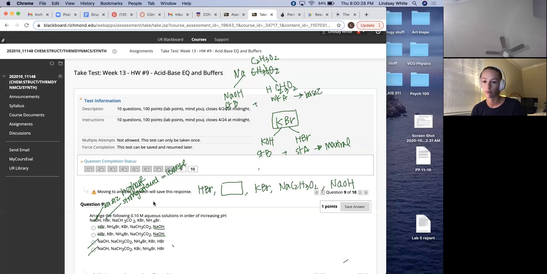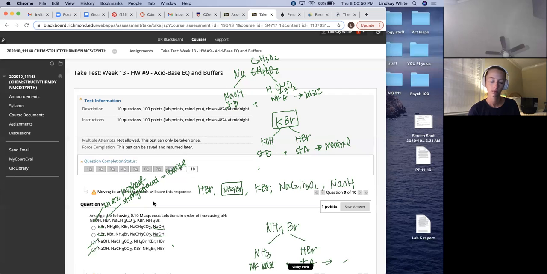Mhm. And obviously this is going to be NH4Br, but let's look at NH4Br. If you split it, this turns into NH3, and then this turns into HBr, and that's a weak base and that's a strong acid, right? Yeah.